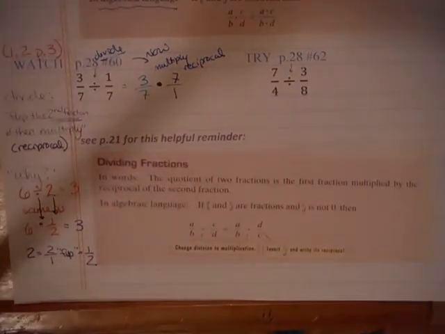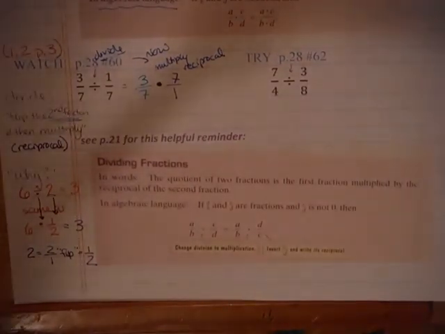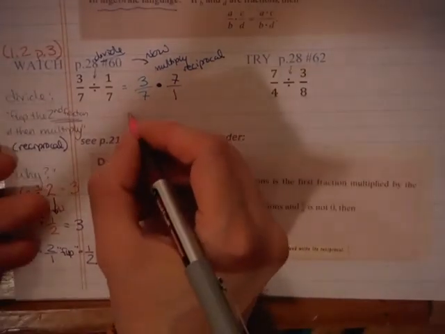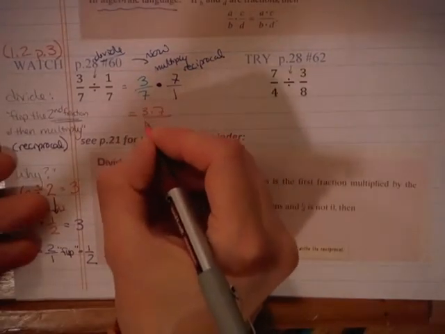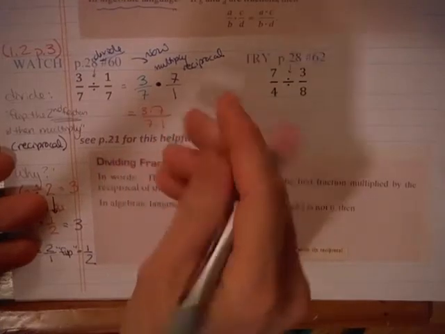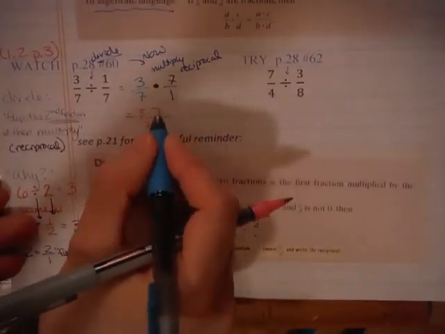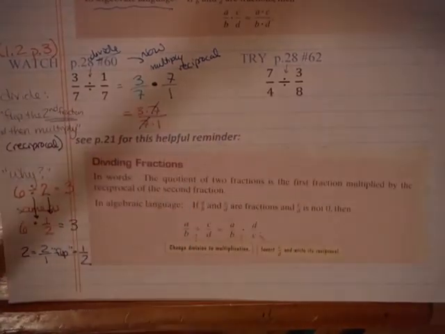And again, before we multiply it all out and then try to reduce, we're going to go ahead and look at what we have first of all. And what we have is 3 times 7 on the top, 7 times 1 on the bottom, which when you have all multiplication top and bottom, you're looking for things that will cancel, same exact matching factors.